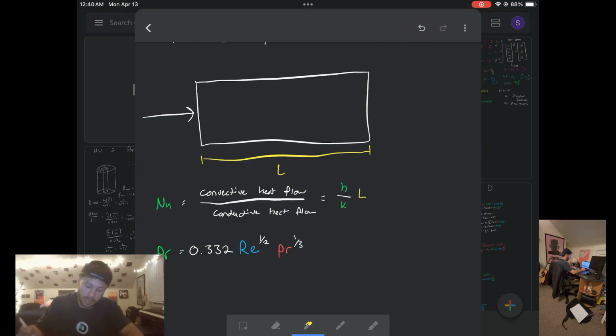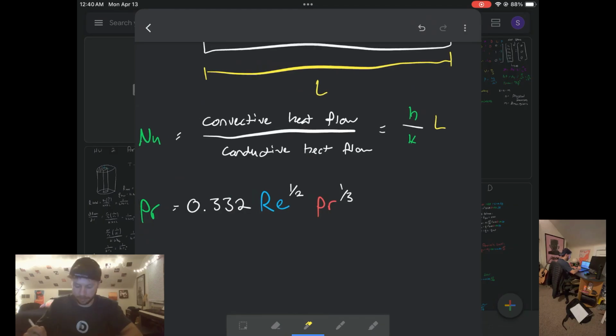So this will be the heat flow throughout our plate.